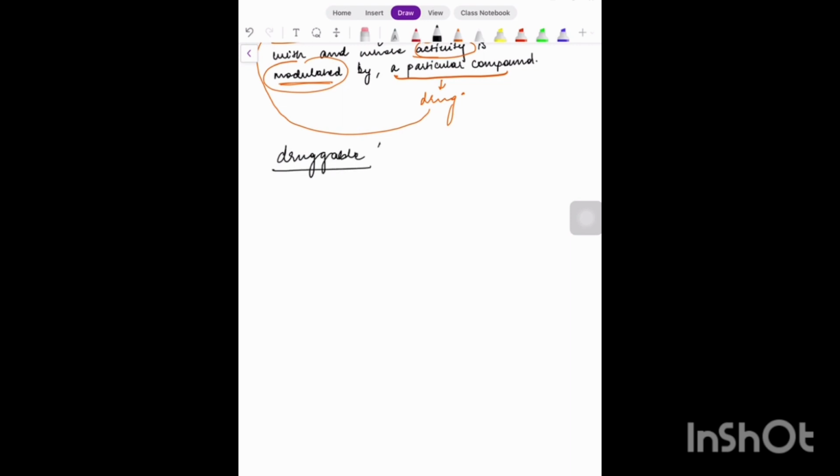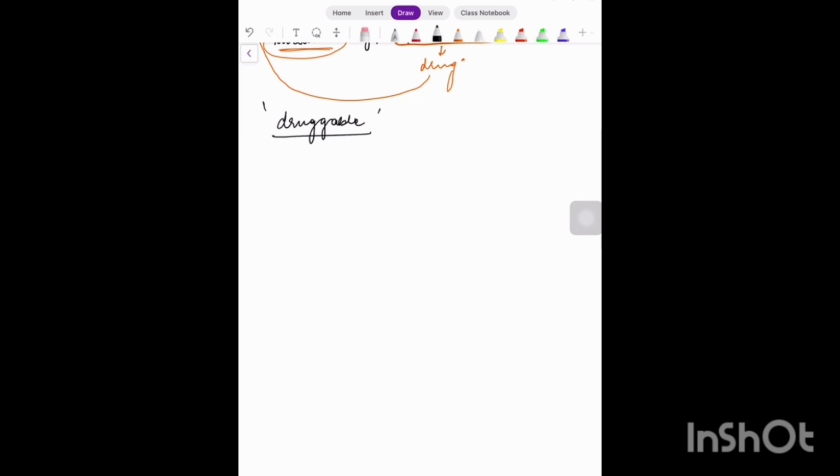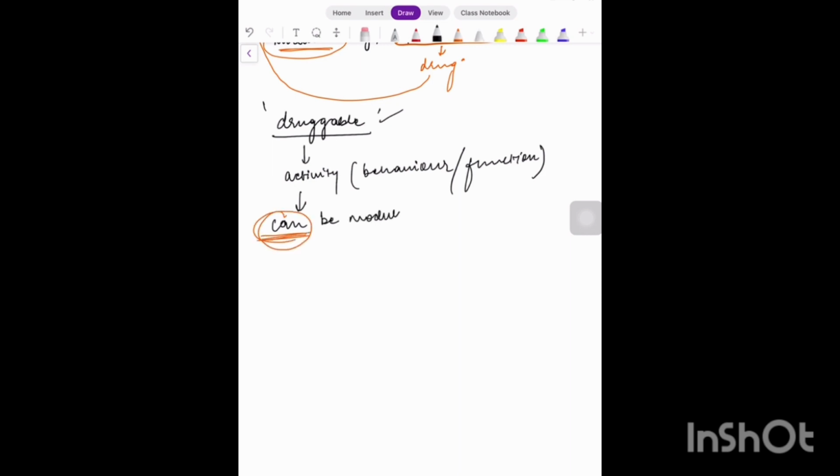This is a word that you'll also observe in a lot of texts. A target is druggable if its activity, or in other terms its function, can be modulated by a therapeutic drug. So a target is druggable when its activity can be modulated by a drug.